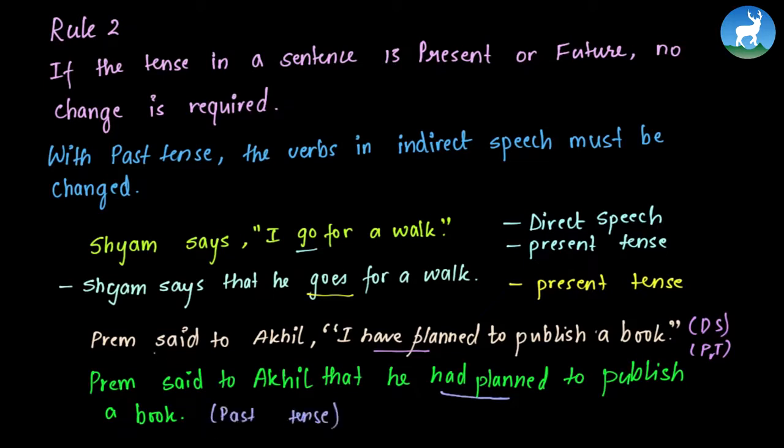So when we see that this sentence is in past tense, we need to convert it. When we notice that it was reported in previous point of time or in the past, then we use the past tense, the verb in past tense, to convert it into indirect speech.